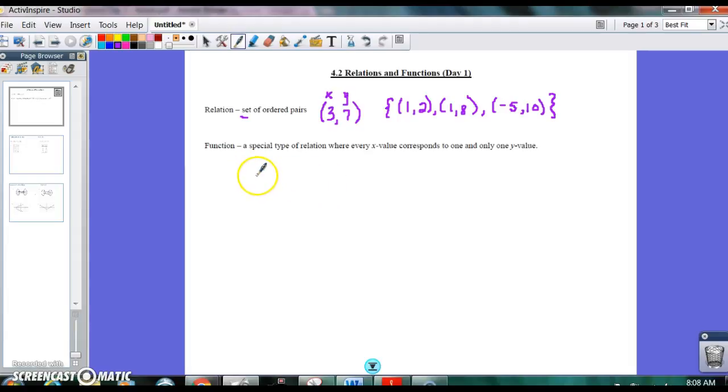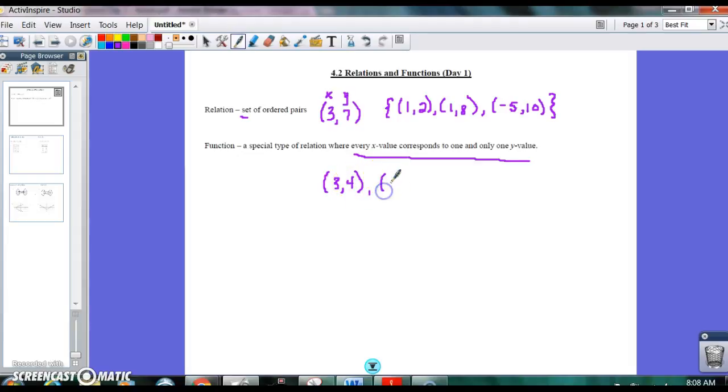A function is a very special type of relation. And what makes something a function is this statement right here: every x value corresponds to one and only one y value. So for example, if I have the point (3, 4), 3 corresponds to 4.